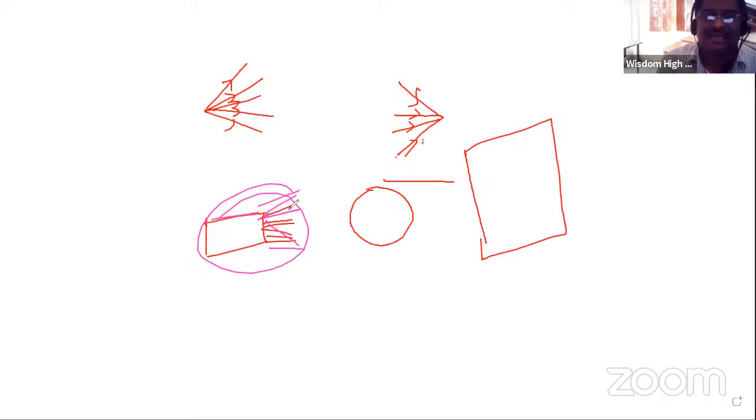This is the light, and this is the torch light, with your opaque body there. You can see that here you may observe a dark shadow.